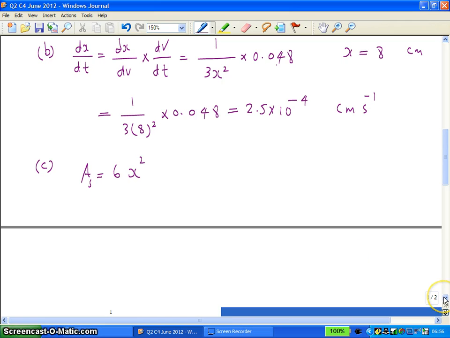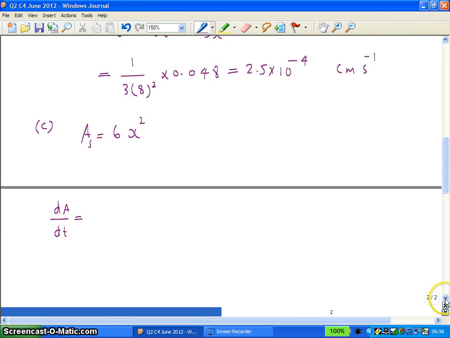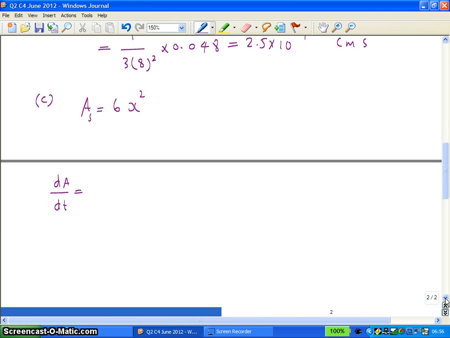Now we've been asked to work out dA/dt, very much the same as part B, but this time it is the rate of change of the total surface area we've been asked to work out.